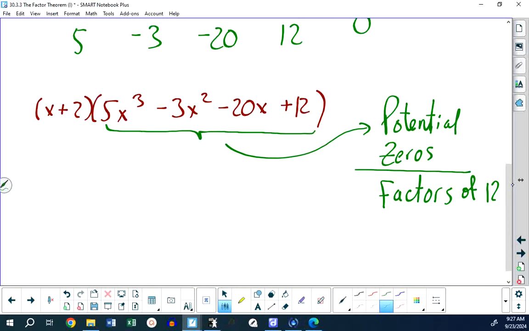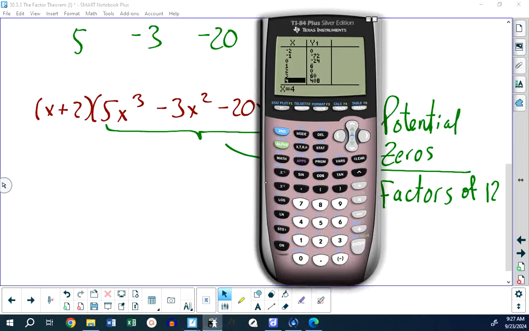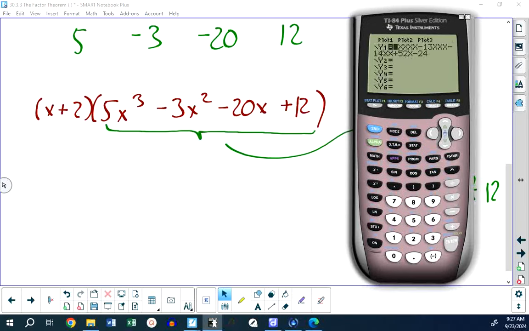So to make this point, I'm going to go into y and put in this polynomial now. I go to my table. This is all behind the scenes. And look at that, 2 is still a 0.